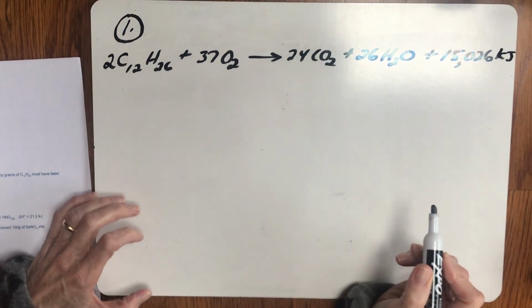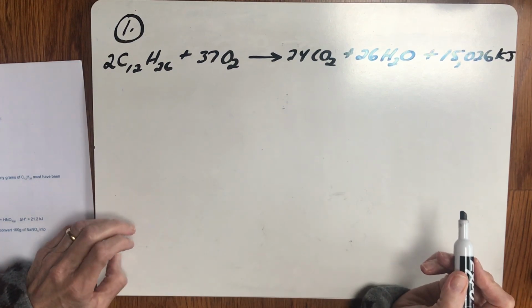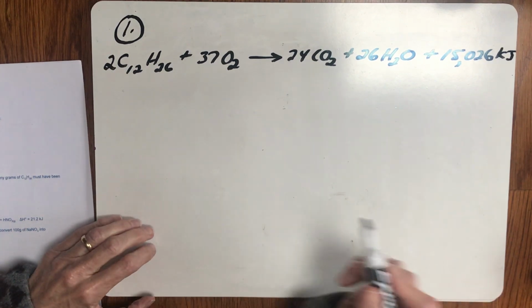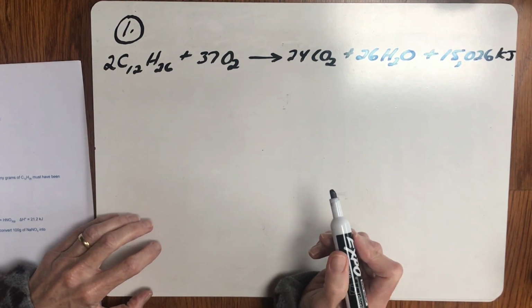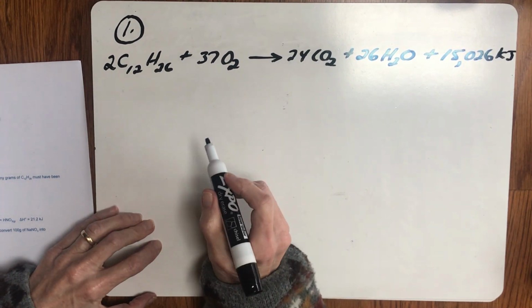You can see that the energy term is on the product side, meaning that it's going to be an exothermic reaction with a delta H of negative 15,026 kilojoules. Being on the product side of the equation tells us that.